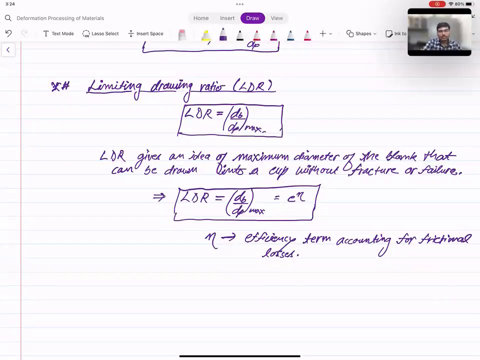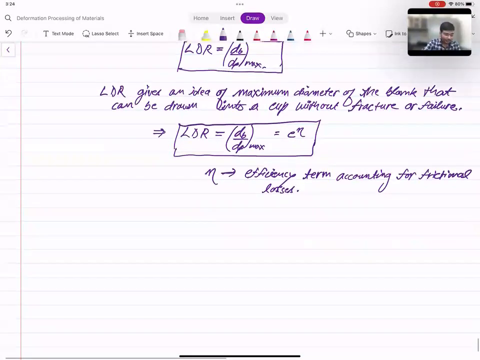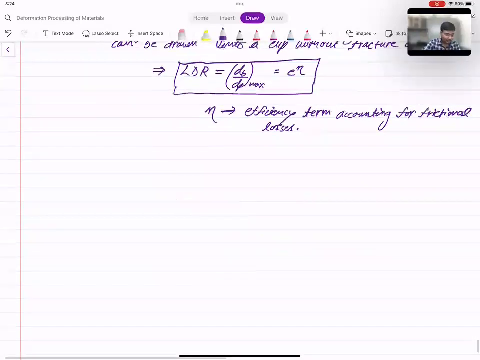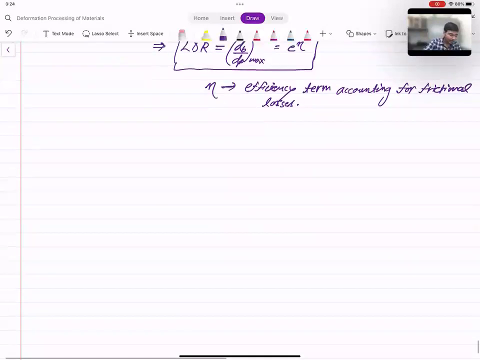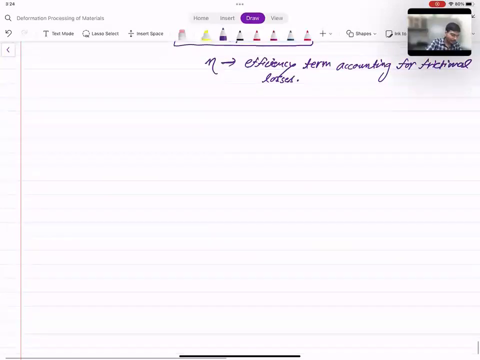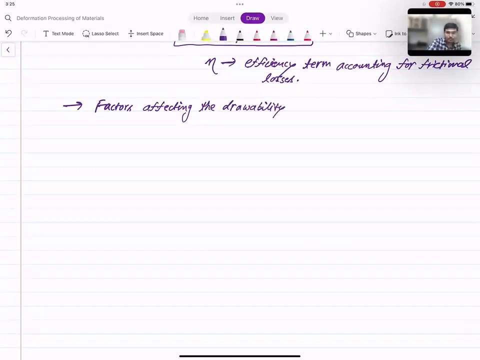Also, some factors which affect the drawability include the die radius, the punch radius, etc. Some of the factors affecting the drawability are the die radius, and the die radius should be about 10 times the thickness of the sheet which is being used as blank.